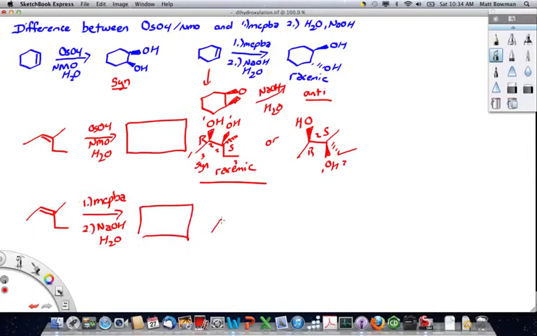We can redraw the alkene as is, and we're going to draw in one OH because these conditions give an anti-relationship. So this OH is a wedge. The other OH must be a dash, and we turn this substituent to the wedge, like so.